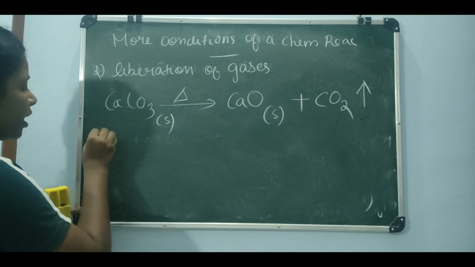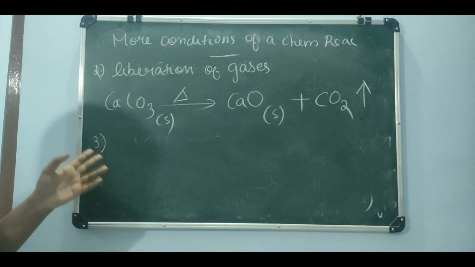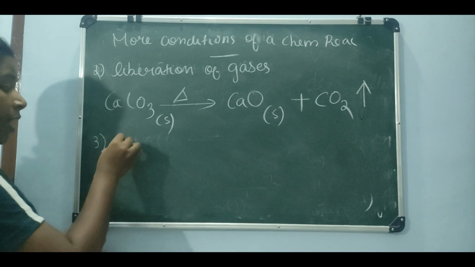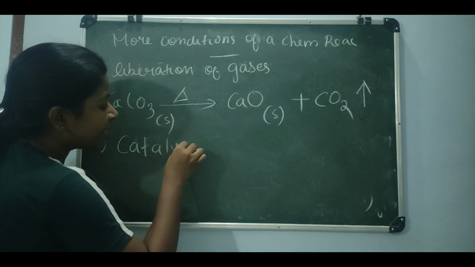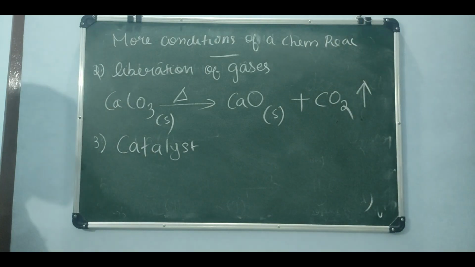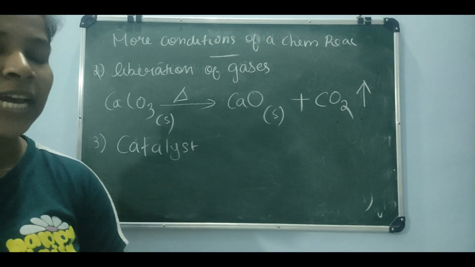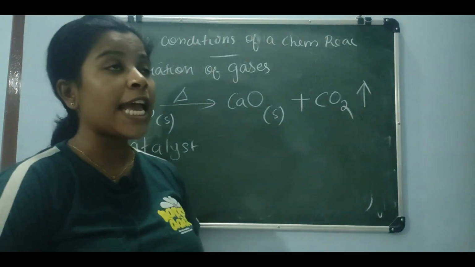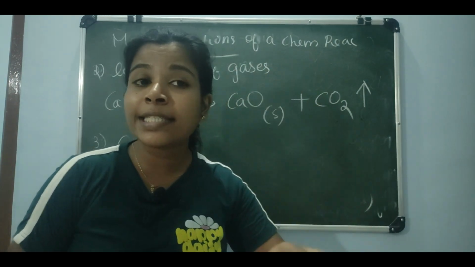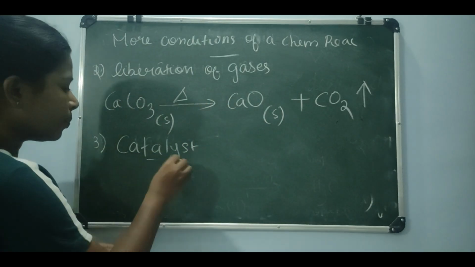Now what is the third one? Third condition of a chemical reaction: the effect of a catalyst. Have you heard about a catalyst? What is known as a catalyst? Before that I'll show you.